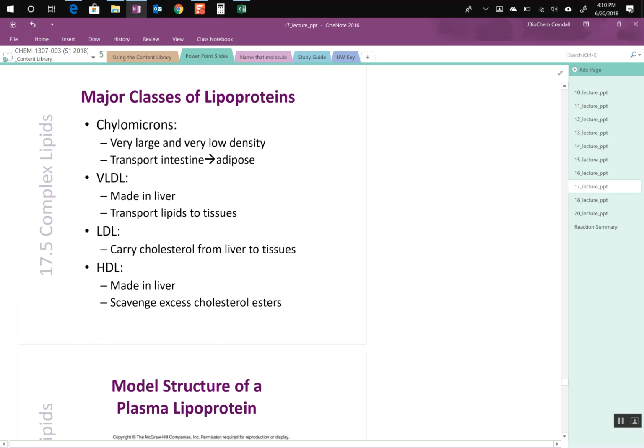So these are our types of lipoproteins. The chylomicrons are very large, very low density, and they transport from the intestine to the adipose tissues. So that's where you're going to get some of your fats being deposited in adipose tissue for storage.